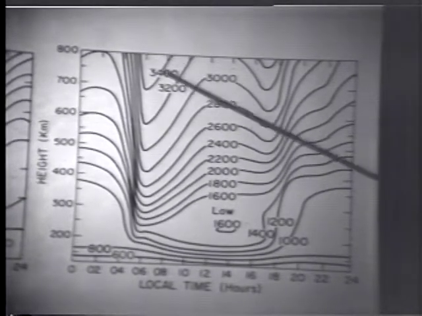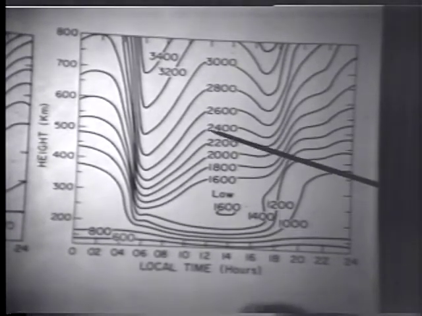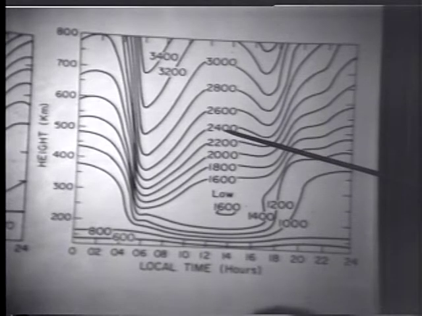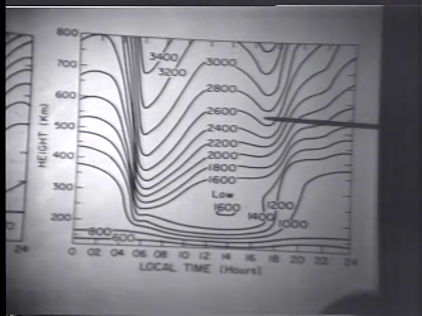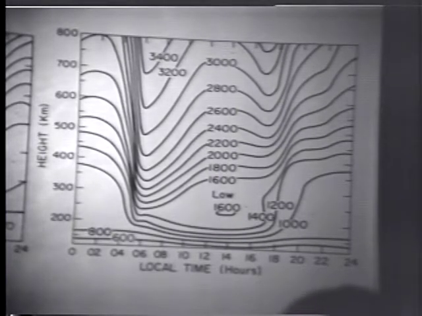It shows the characteristic feature of the increase in temperature at around sunrise, decreasing to lower values during the daytime, and then again another temperature increase, and you can see it as a heat flow penetrating to lower altitudes, but because the electron density near sunset is higher, it doesn't penetrate as deeply into the ionosphere, and then at sunset the temperature decreases, but there is always a positive gradient in here indicating a flow of heat from the magnetosphere.